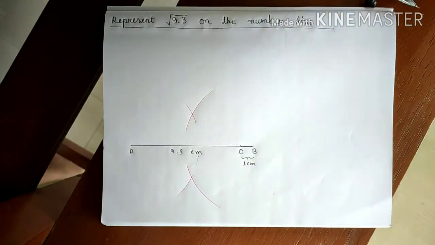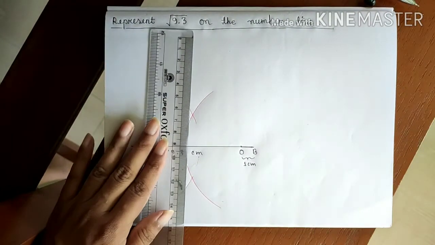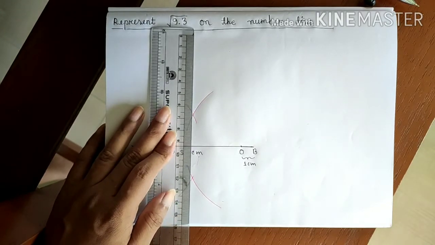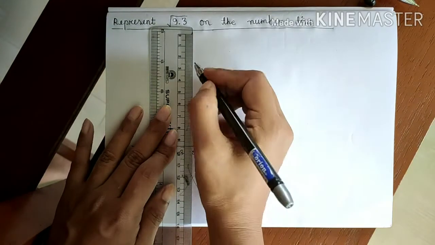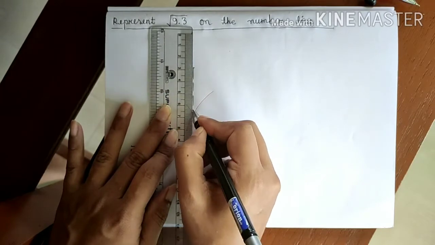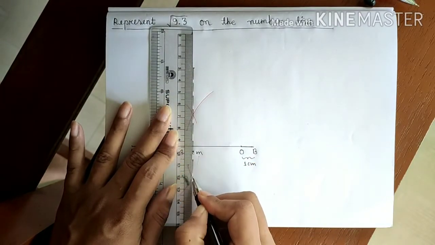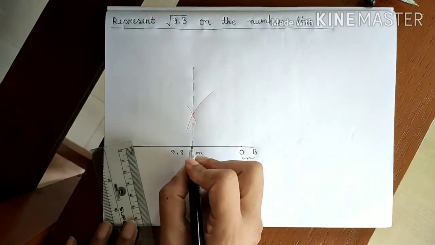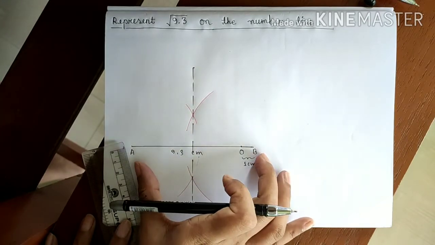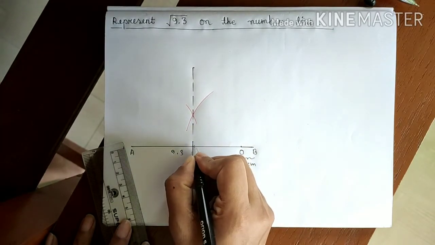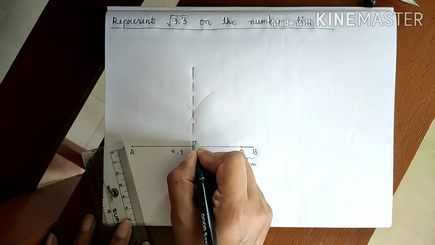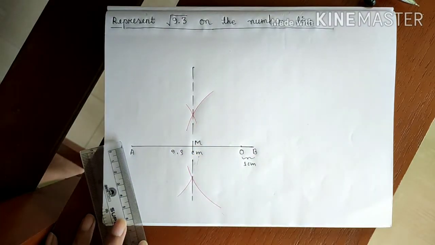Now we have to join these two intersecting points using the ruler. This is the midpoint of the line segment AB. Let us name this midpoint as M.